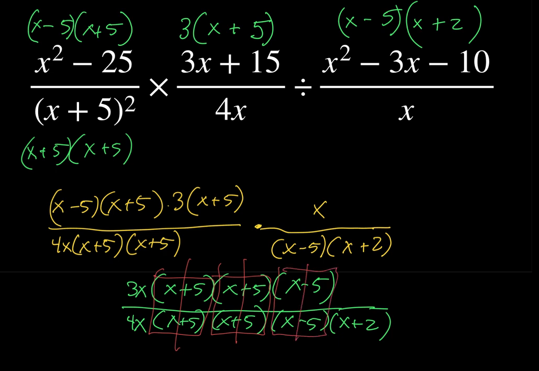Is there anything else I can reduce? The x's. x divided by x is 1. I am left with 3, that's it in the numerator. In the denominator, I'm left with 4(x + 2). And that is all I can reduce. I am done.